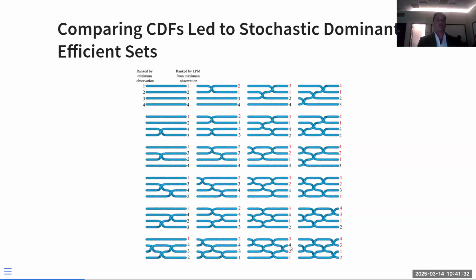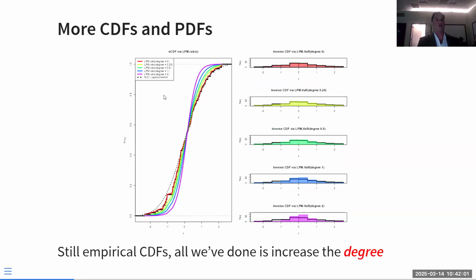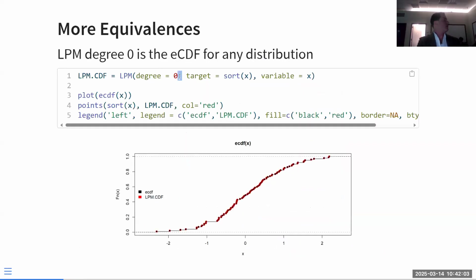So you could see security 4 is dominated stochastically by security 3, so it's no longer considered, but securities 3, 2, and 1 all intersect, and their corresponding CDFs would intersect. And so that would be your stochastic dominant efficient set. And you could do this now for different degrees of stochastic dominance, first degree, second degree, third degree. And you can control those degrees here with the degree in our partial moment function for the CDF.